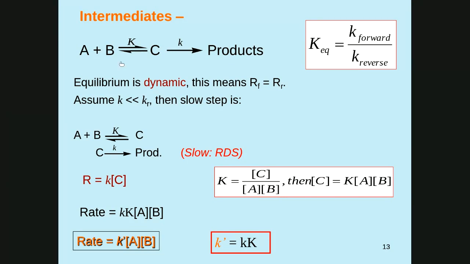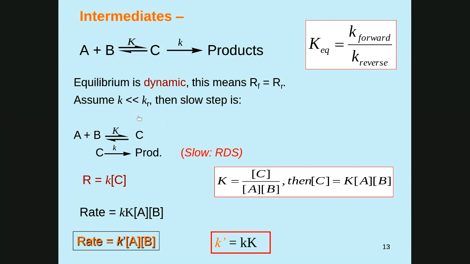Of course, A, B, and C are continuously being used up in the process, so they're not constant in time, so it's not a true equilibrium, right? It is what we call a quasi-equilibrium that only exists because of the peculiar conditions of the process, because of the second step being very slow and thus being the rate determining step.